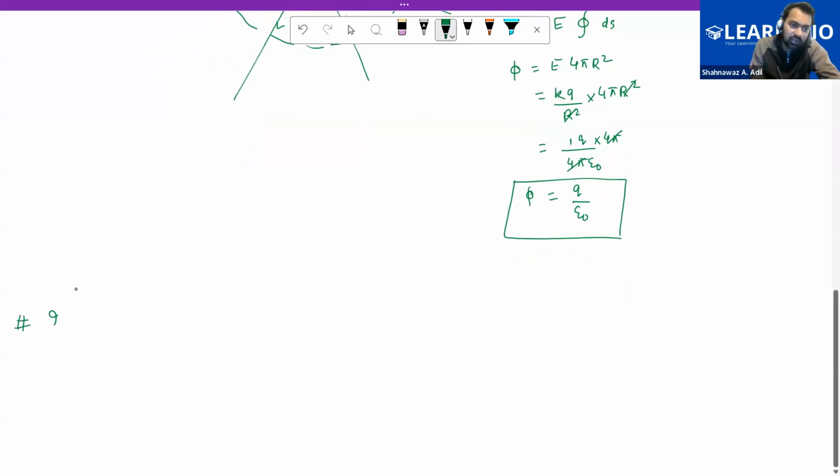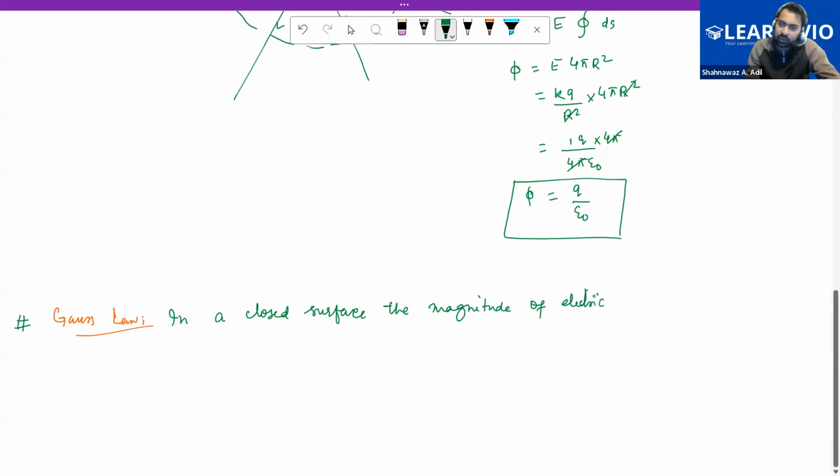So in a closed surface, the magnitude of electric flux is 1 by epsilon naught times the charge enclosed.